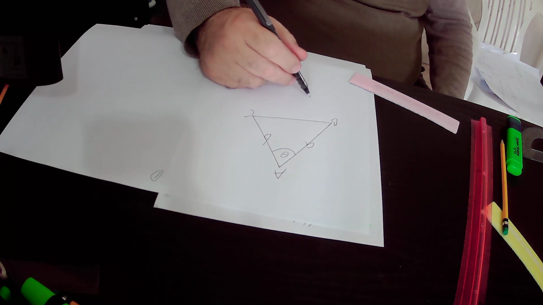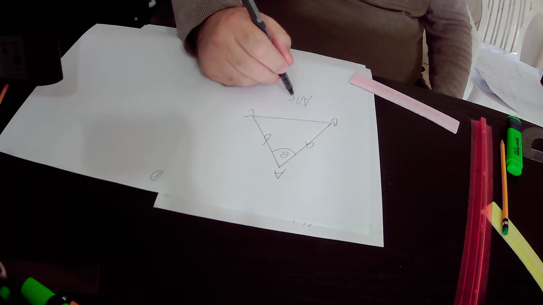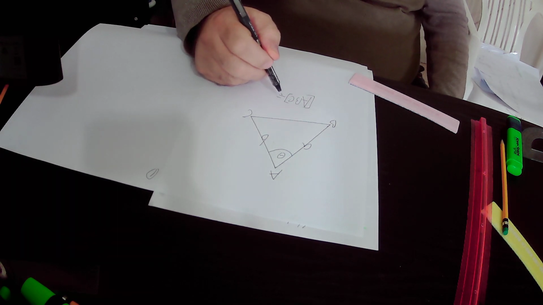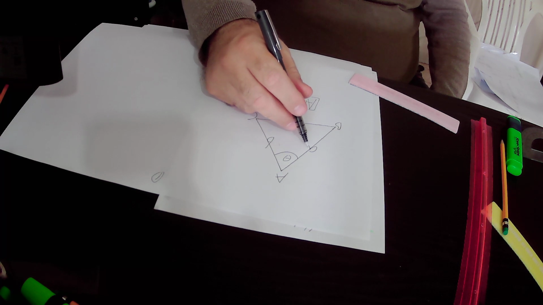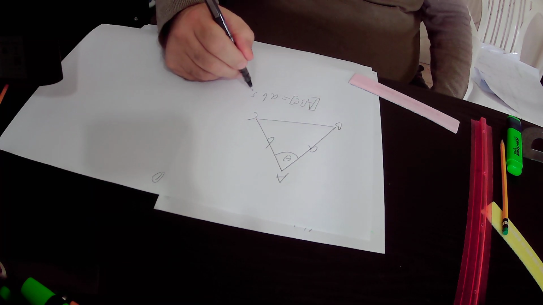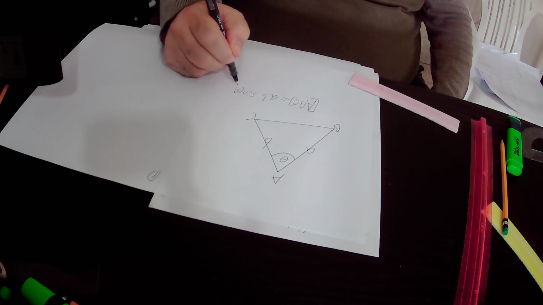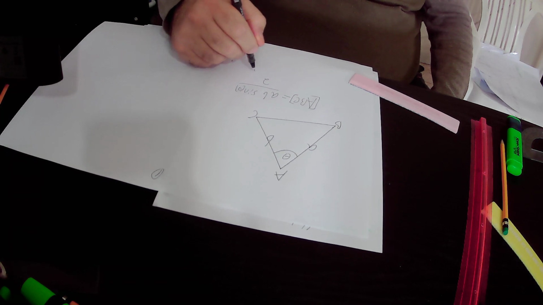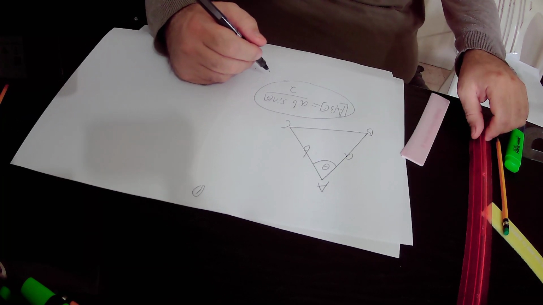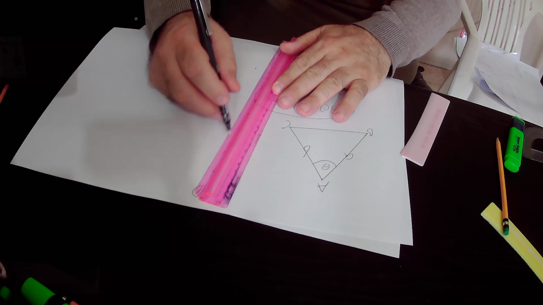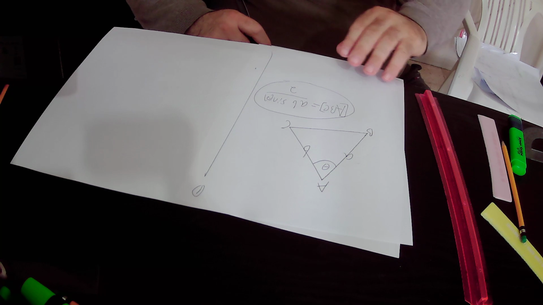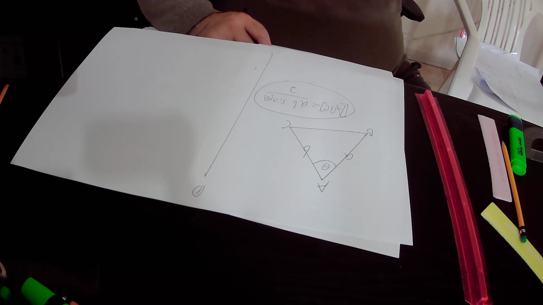Then the area of triangle ABC, according to the special formula, will be equal to A times B times sine theta over 2. We'll use this formula in order to calculate the area of our triangle. Although we know that the area of the triangle is equal to 9 square units, we use the formula in order to find out the value of sine theta.